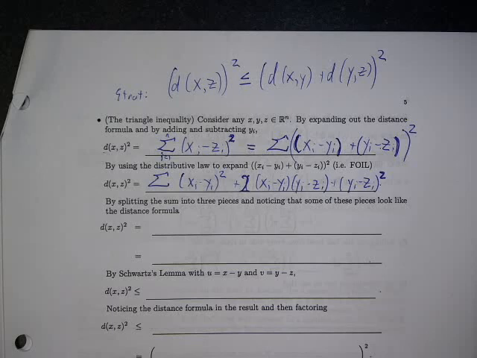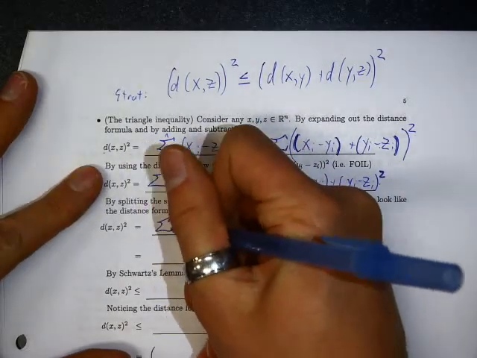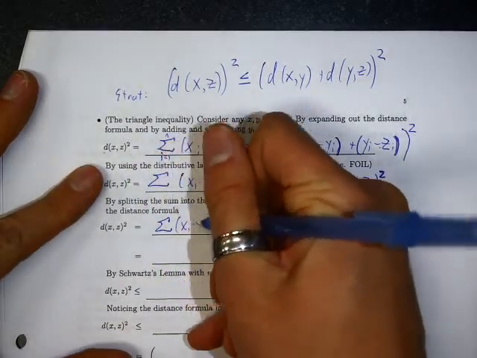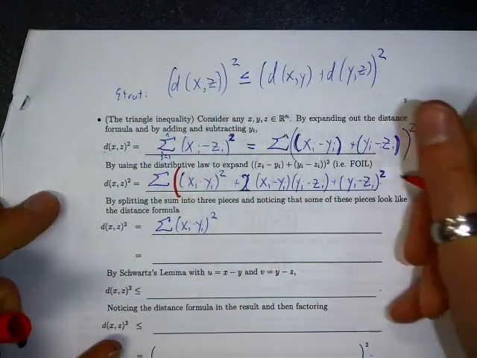Cool. Now, if you broke that into 3 pieces, would 2 of the pieces just be distance formulas squared? Yeah. Break it up into 3 pieces, you see the sum of all the (xi minus yi) squared. Maybe for emphasis, all of that is being summed up right now.